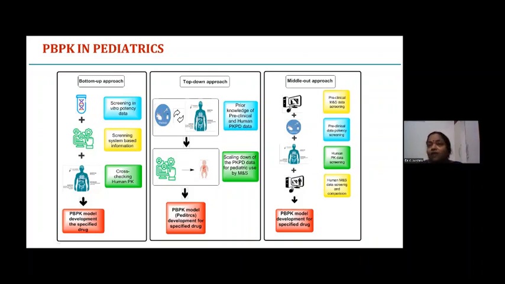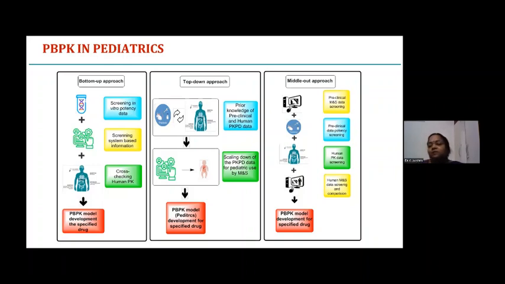So prior knowledge of preclinical and human PK/PD data is taken into consideration, and scaling down is done to some extent, and then the pediatric modeling and simulation is applied, and from that we can develop a pediatric PBPK model for a particular specific drug without any clinical trials in the pediatric group.